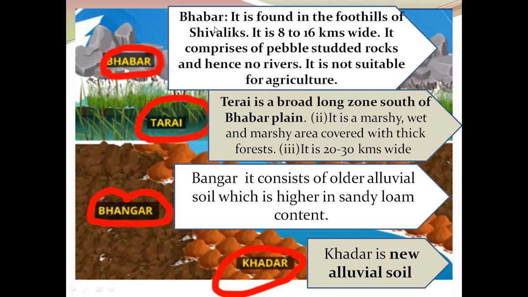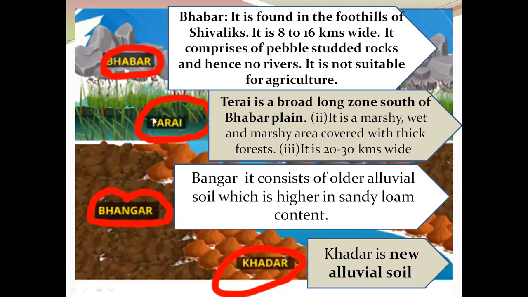This area is known as Bhabar. So a question may come, what is Bhabar? It is found in the foothills of the Shivaliks. It is spread 8 to 16 kilometers wide. You need to remember these 2 points compulsorily. First, they are in the foothills of the Shivalik. Other, it is spread from 8 to 16 kilometers.